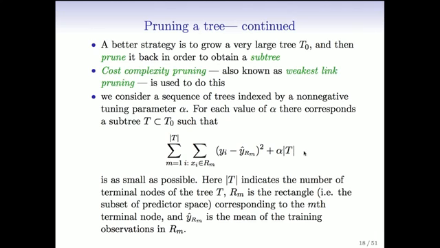So we want the coefficients to be small to avoid overfitting. Here we want the size of the tree to be small to avoid overfitting. So cost complexity pruning is going to find the best value of alpha by cross-validation, and then we're going to pick the subtree of the large tree we've grown that has the smallest value of this criterion.